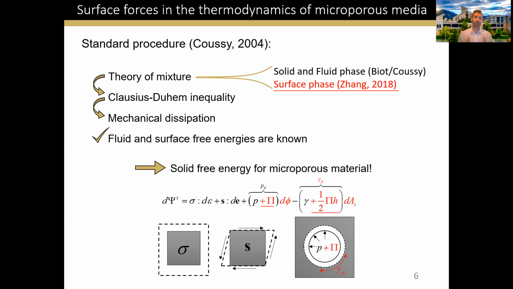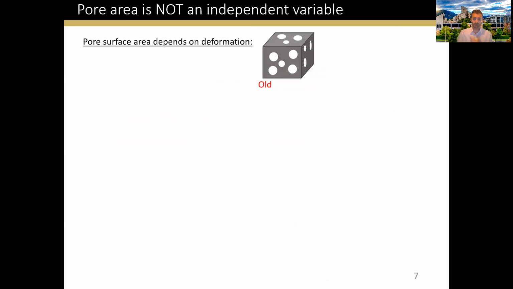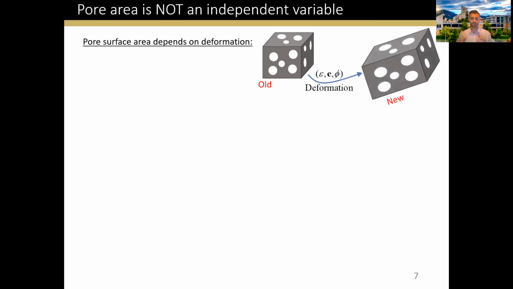It seems that we have four deformation variables: epsilon, E, phi, and A_S. However, A_S is not an independent variable. The same deformation variables that take our original configuration to the new configuration also take the old A_S to the new A_S. Therefore, changes in A_S must be a function of changes in the deformation variables.